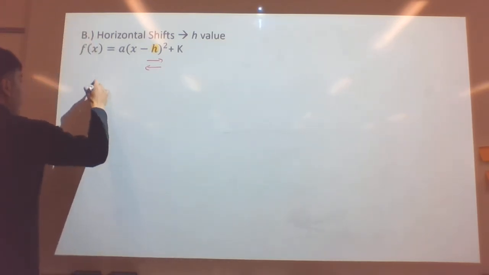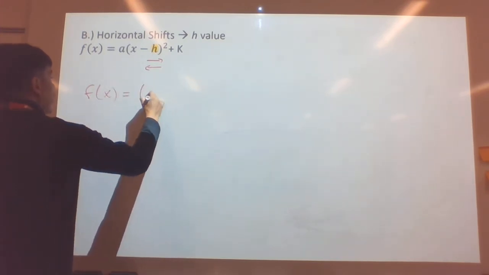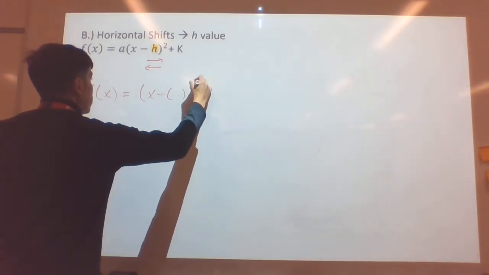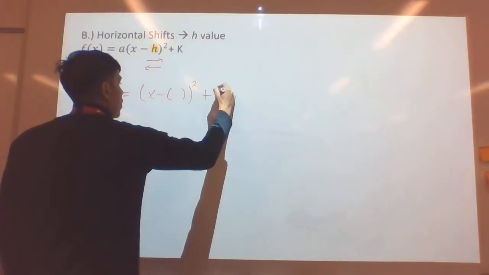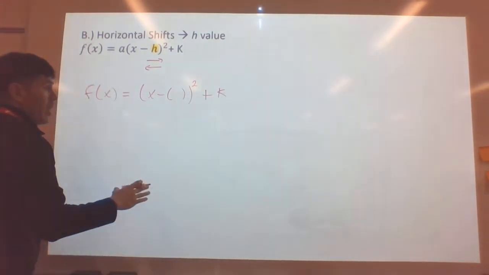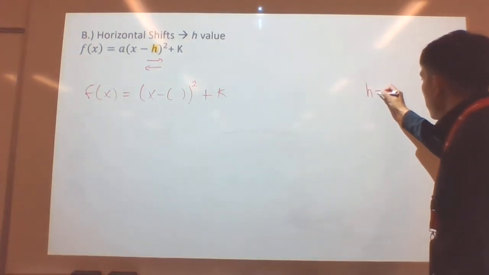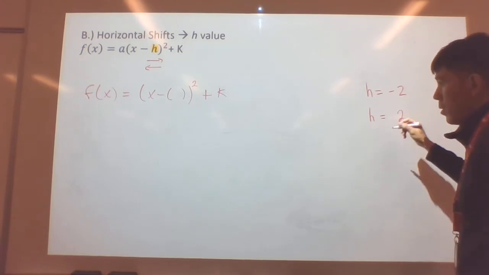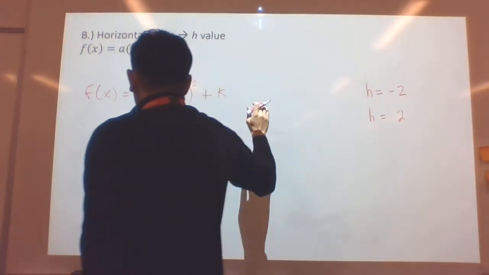If we have f of x equals x squared plus k, we're going to leave my k alone right now, but we're going to pick a few h values. We're going to pick an h value of -2 and an h value of +2, and see what these h values tell us is going to happen to this graph.